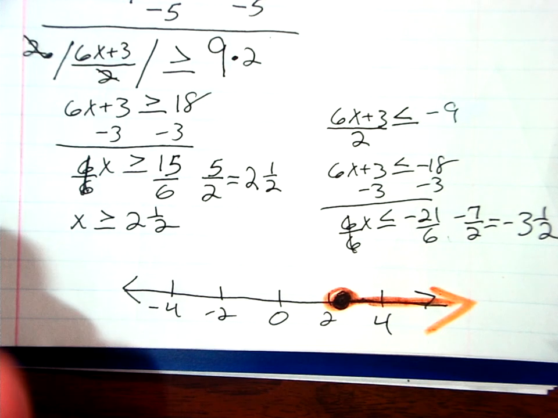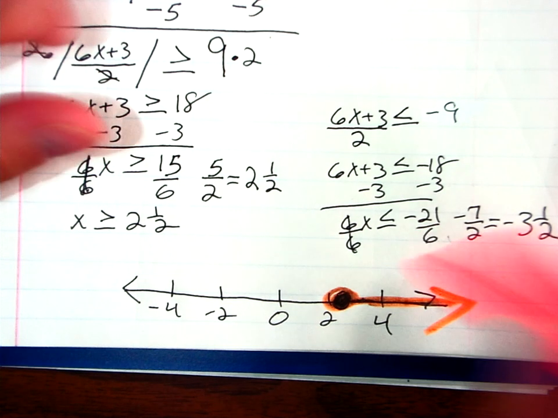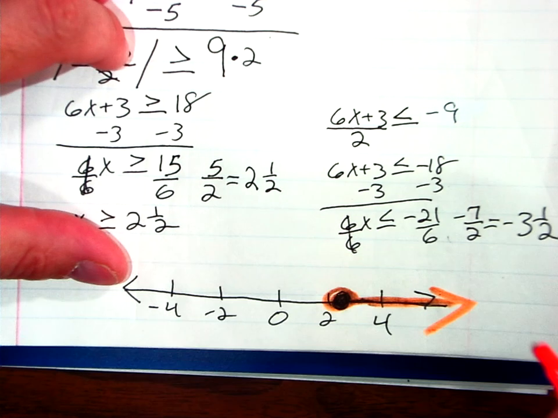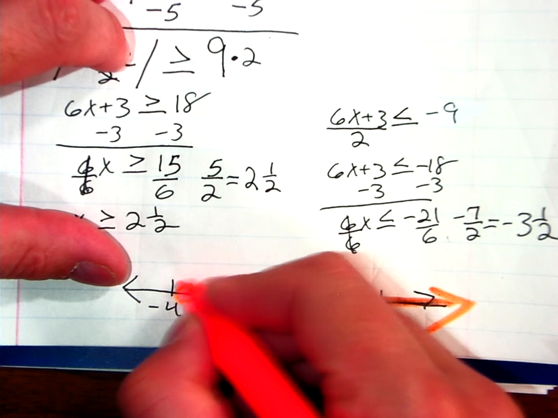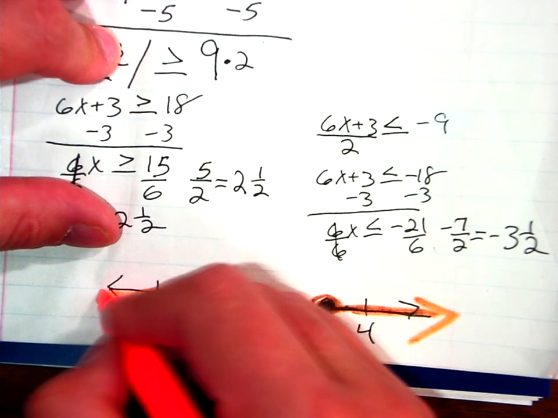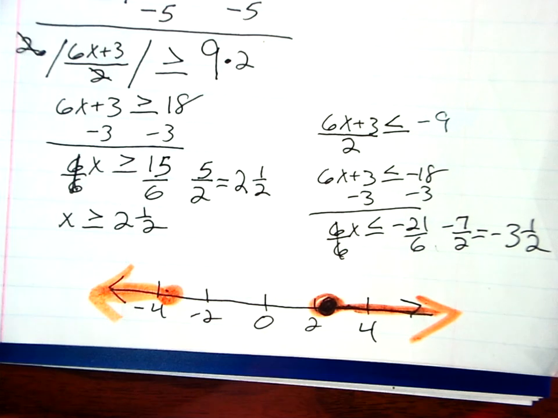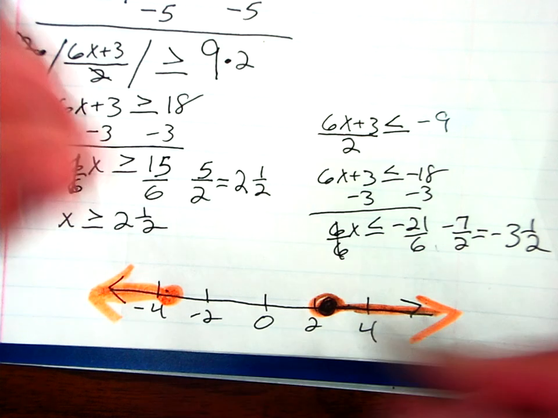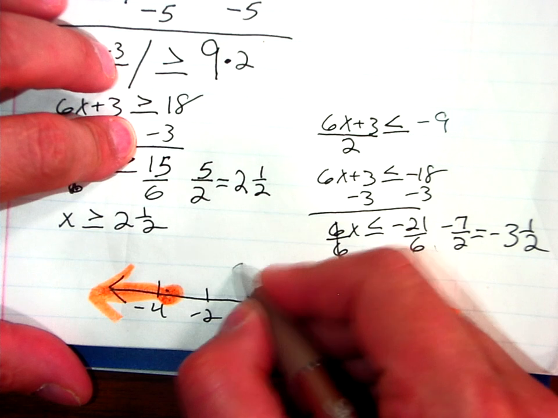For the other one, x is less than or equal to negative 3 halves. Go to negative 3 halves, circle it, shade it in, and it's going to the left. So this one was not touching, it's going in opposite ways, almost like a boat with oars in the water. So this is an OR.